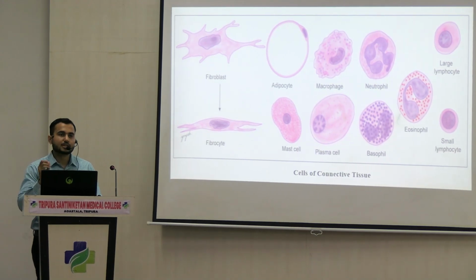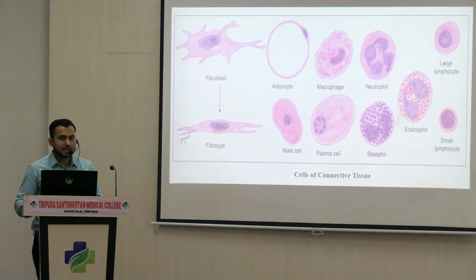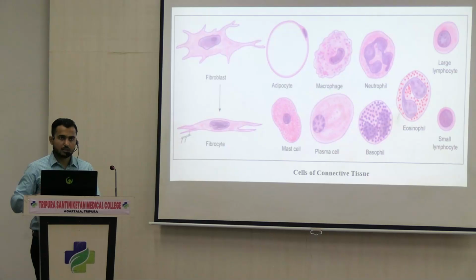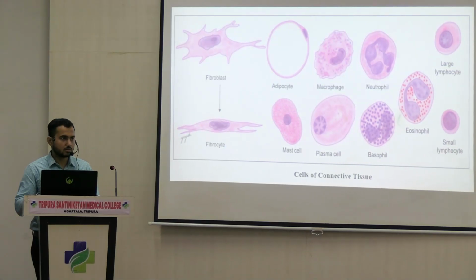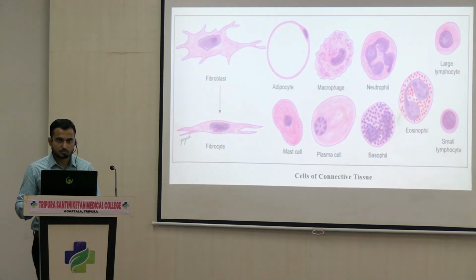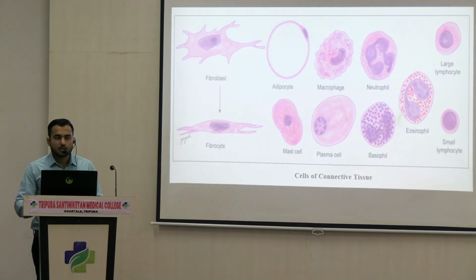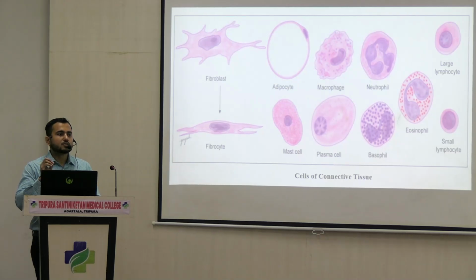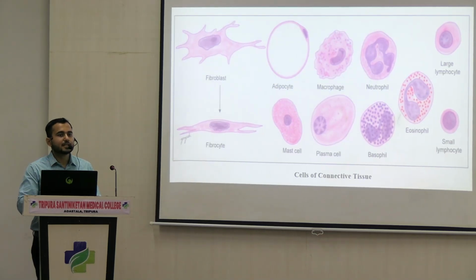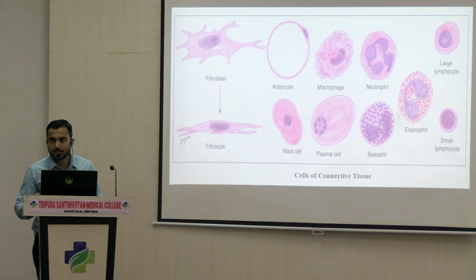That's why they are the most abundant type of cells. I'm not going into detail about the cell, because all those things, like the staining appearance, will be discussed in histology class. Don't worry. As I said, fibroblast is one of the most abundant cells of connective tissue.